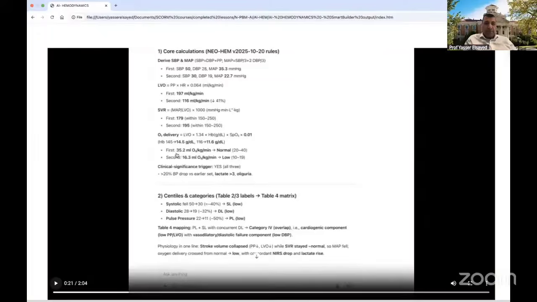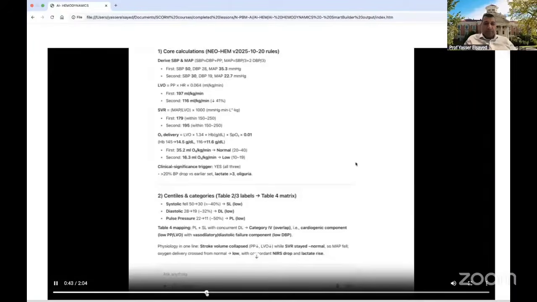You have 35 initially, and it drops to 16. Although 16 is borderline low, you have more than a half decrease in oxygen delivery. Again, the trend, the delta vital sign, is very important. And then you have the centile values based on the centile normative values that we already integrated.